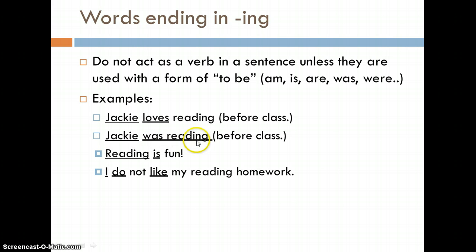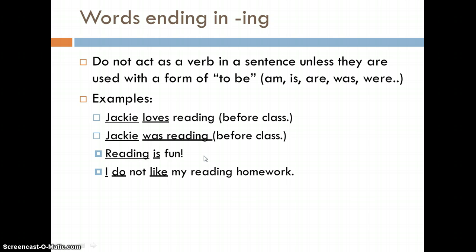So we do have a word ending in ing acting like a verb. It is a verb in this sentence because it's used with a form of to be. So was reading is the complete verb in this sentence. And then if we ask, who was reading? Jackie was reading. We can identify that Jackie is the subject of that sentence.